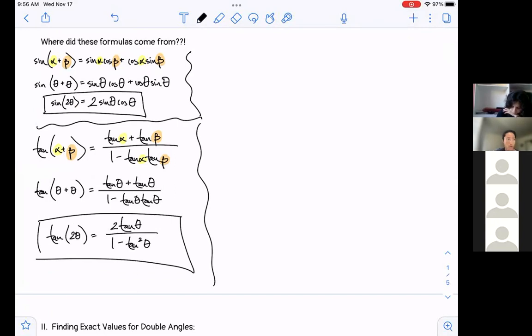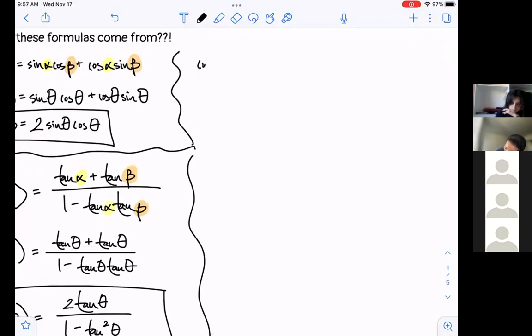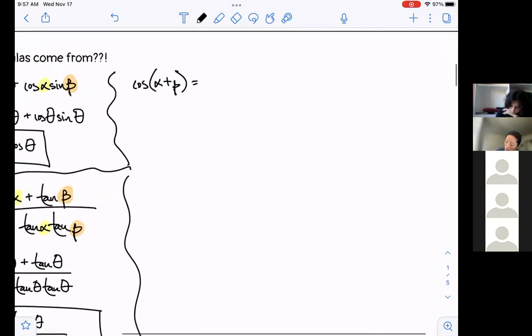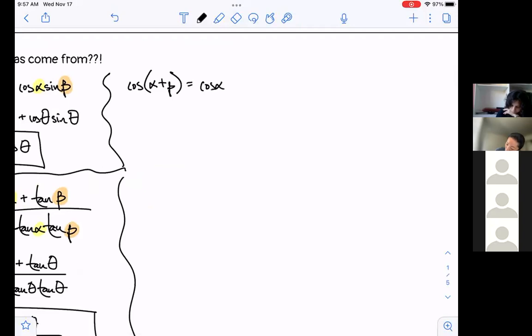We can play the same game with cosine, but I also want to talk about how we get those other versions. Okay. So with cosine, we have cosine of alpha plus beta, and this one should be cosine alpha cosine beta minus sine alpha sine beta, right? And we have, these are where our betas go, and this is where the alphas go, right? And we play that same game and we say, what if we put in 2 of the same angle?